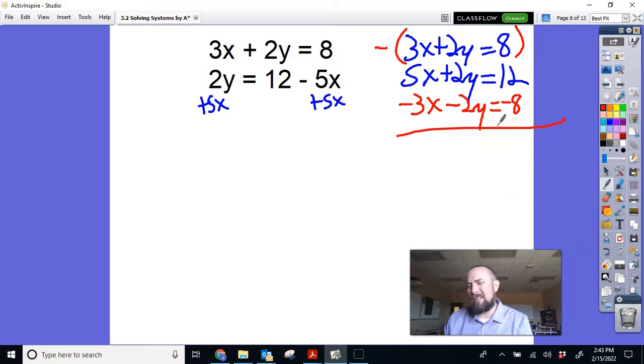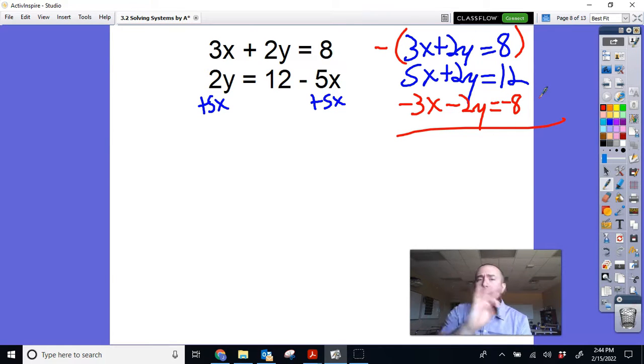Now, notice, I'm going to stop here for just a second. You've got equations over here that you moved the 5x, right? And then you're going to multiply by a negative, so you got another equation here. This requires organization skills, and this is one of those things where I try to use different colors on the screen. Just make sure your arrows, if you're going from one spot to another, are not too sloppy.